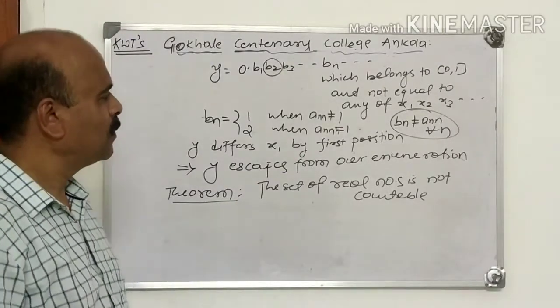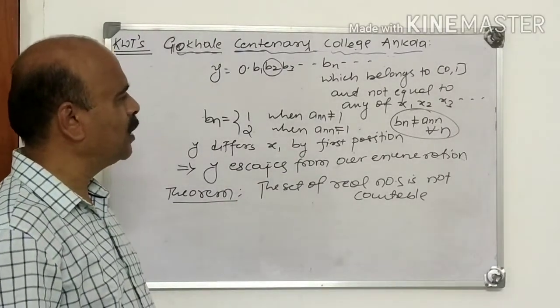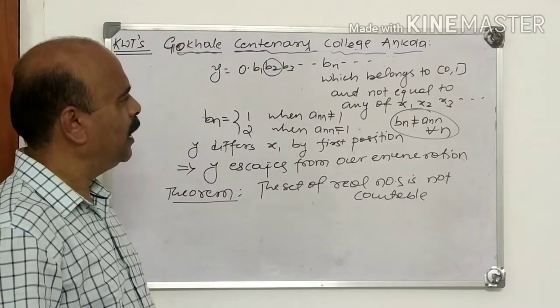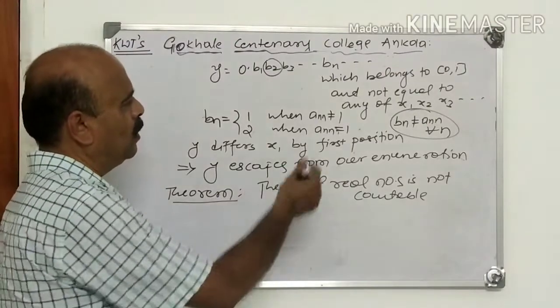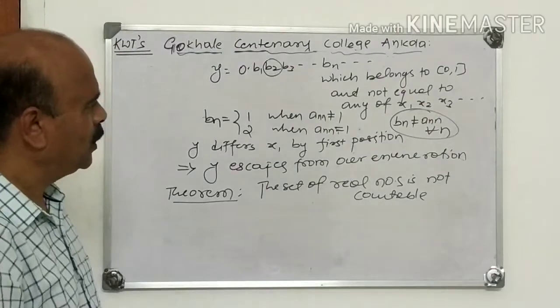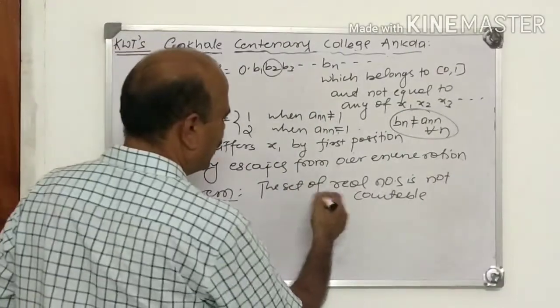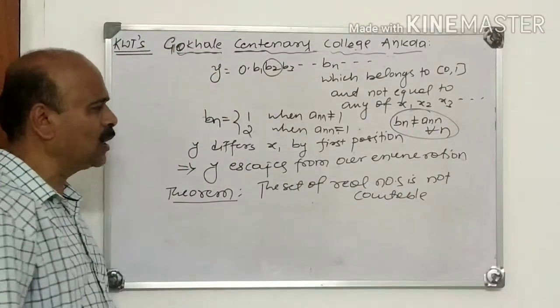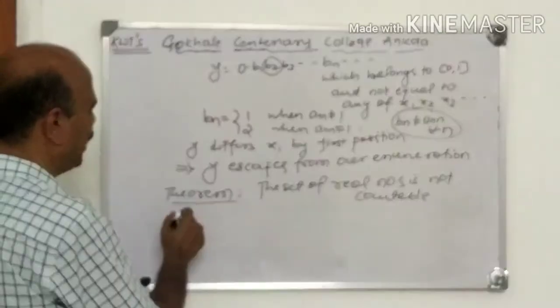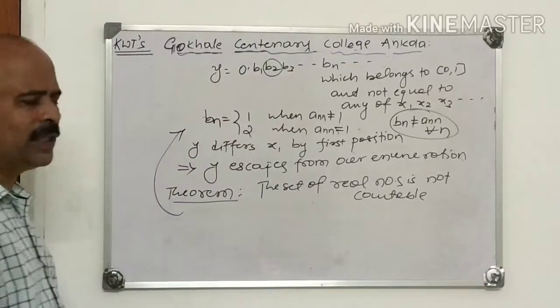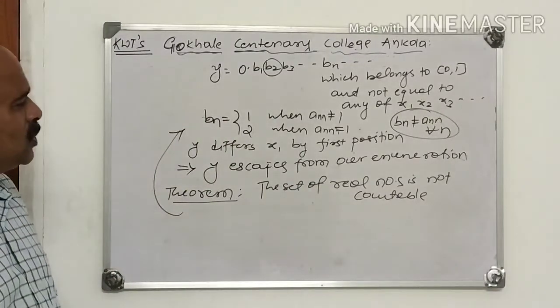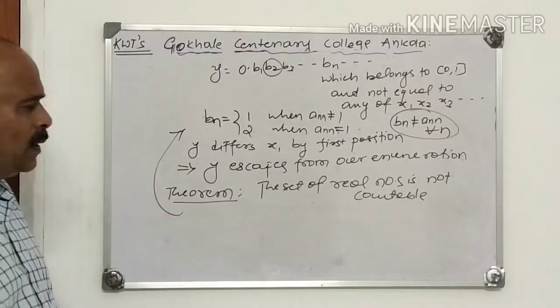That is, a subset of a countable set is countable, and the union of two countable sets is countable, and so on. Now this is the important theorem. The set of real numbers is not countable. To prove this, we make use of the previous result: 0, 1 is uncountable.